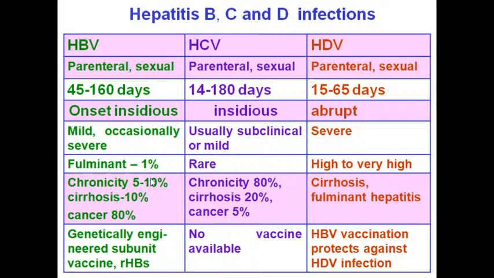Hepatitis B virus causes chronic infections in 5 to 10% of the individuals who develop symptoms. We won't consider the asymptomatic infection here. While hepatitis C virus causes chronic disease in up to 80% of infected and symptomatic individuals.